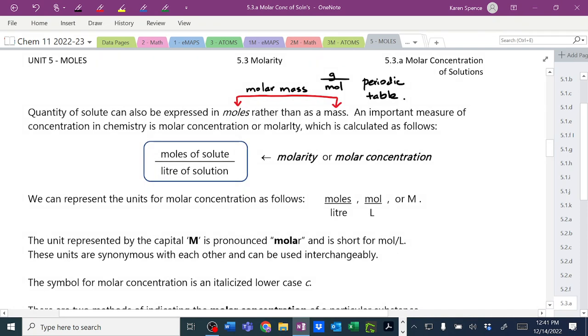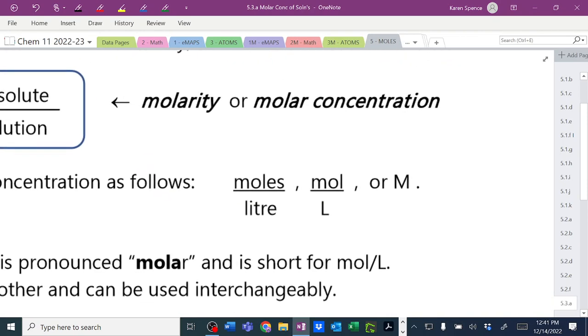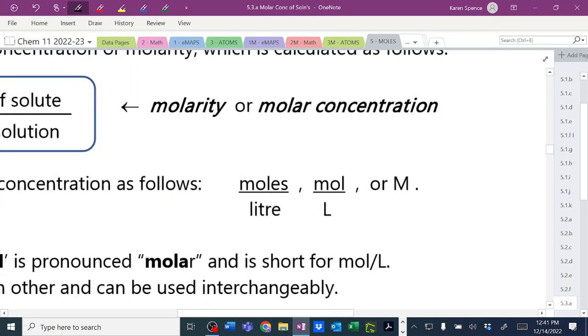Now we have a word, and this word causes confusion, so I want you to listen very closely to this part. Moles per liter can be written as either the full thing, moles per liter, or abbreviated mol over liter.